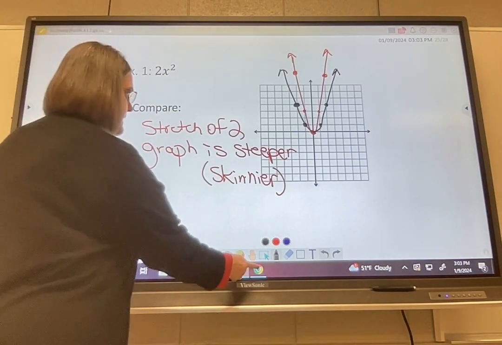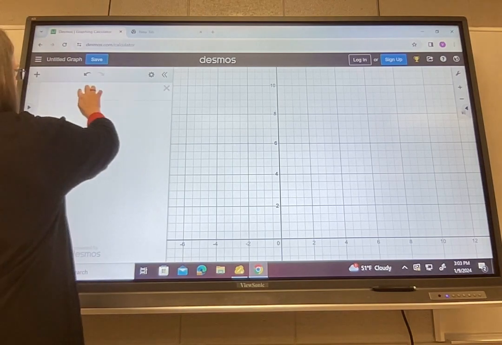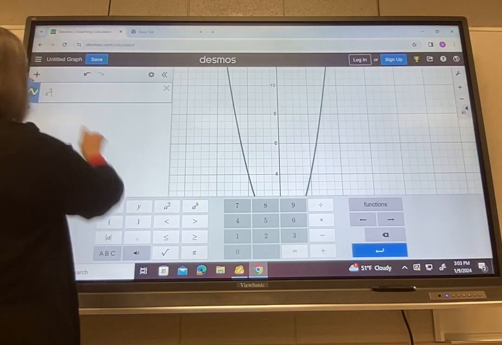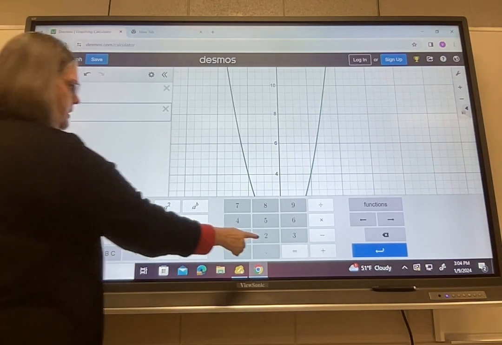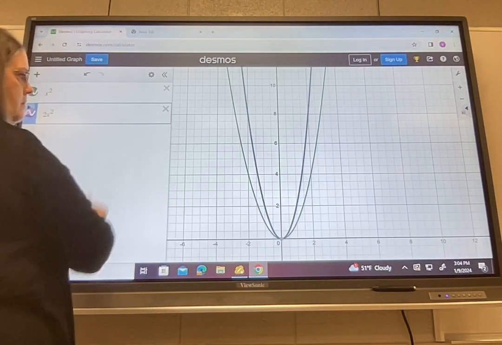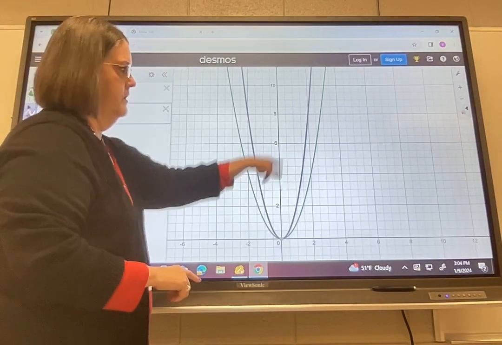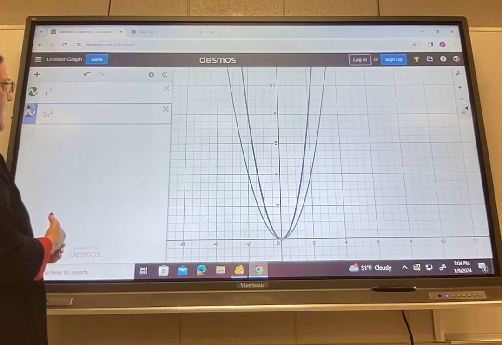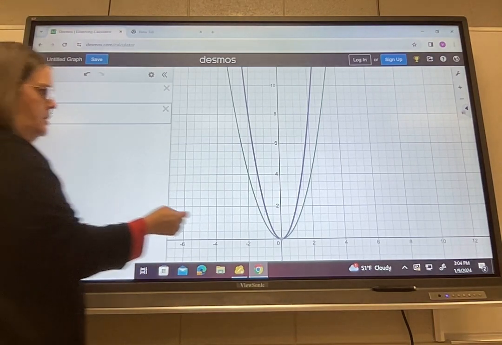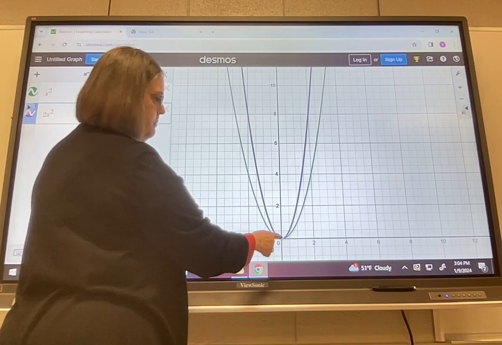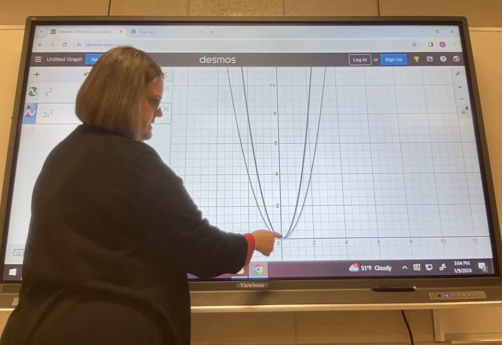And if you look on Desmos, here's the parent graph, x squared. And then I do 2x squared. Notice that it got skinnier just like on the other. And it's multiplying your y's by 2. So notice the 0 multiplied by 2 is still 0. That's why it's staying there.